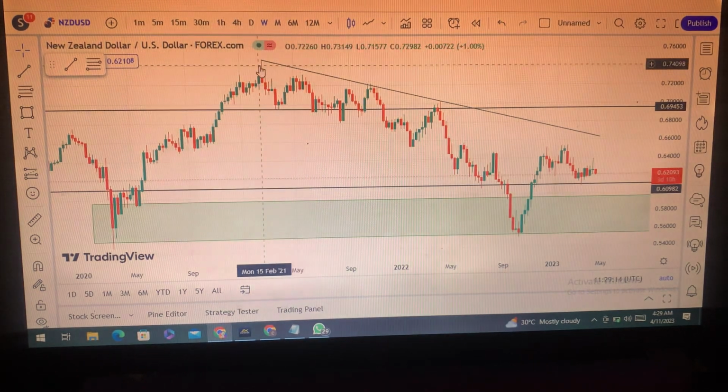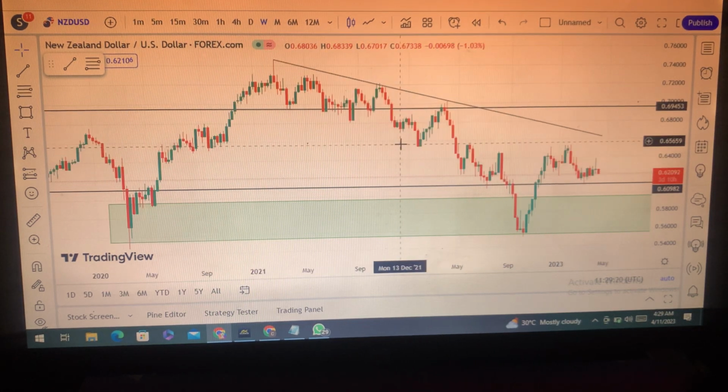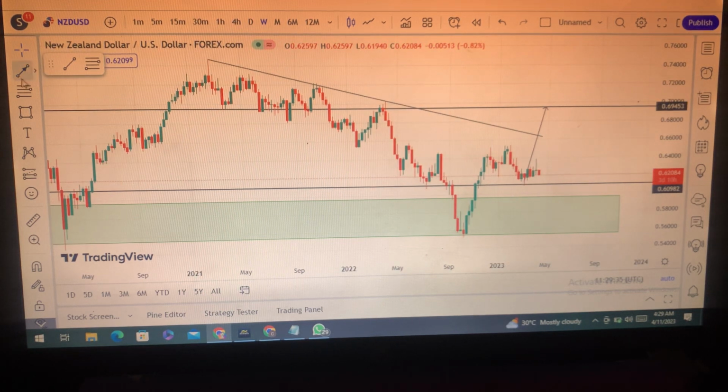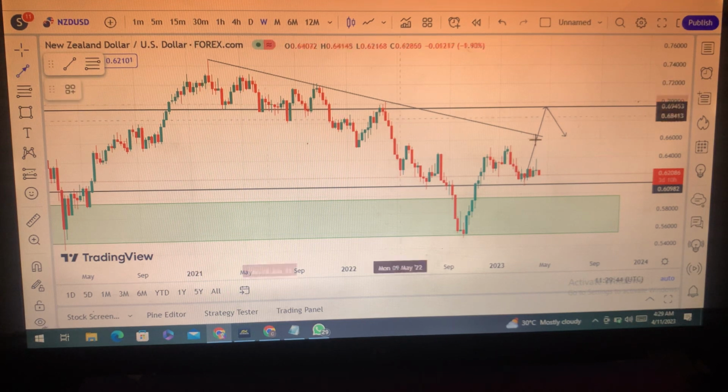See, touch 1, 2, 3. So when we see a break on this side, when we see a break here, we expect it to do this: bounce back on the trend line, then probably take off.